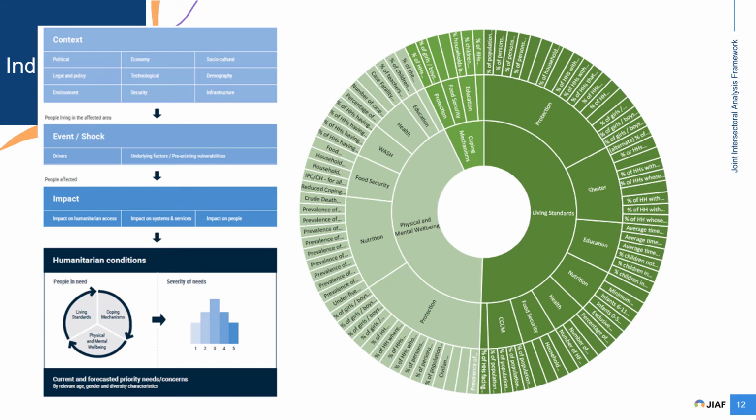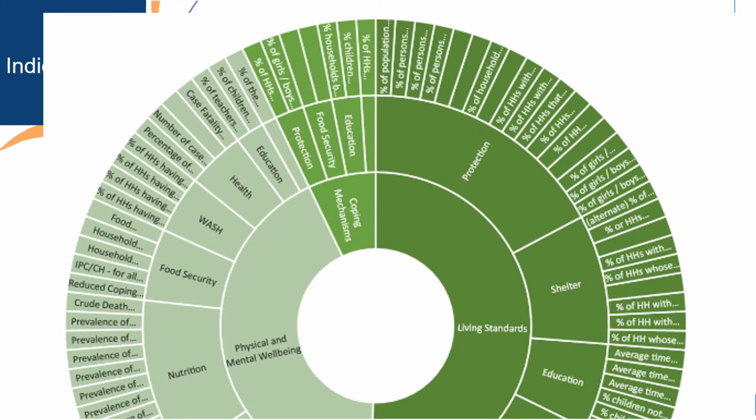Here, what we see is a sunburst of all the indicators used in assessing humanitarian conditions. In total, there are 116 standardized indicators in the JIAF reference table.